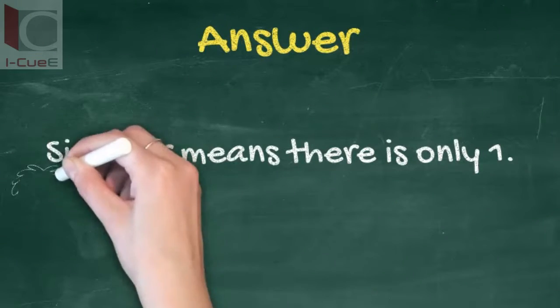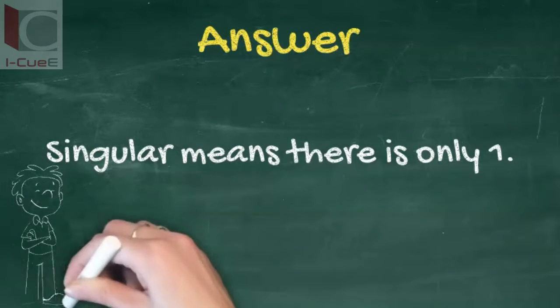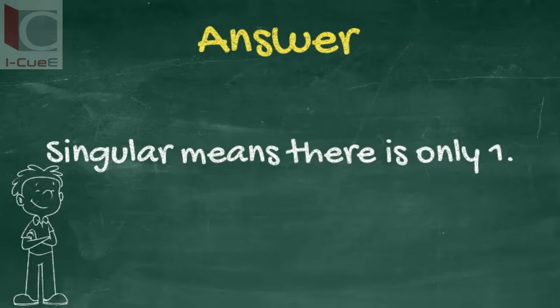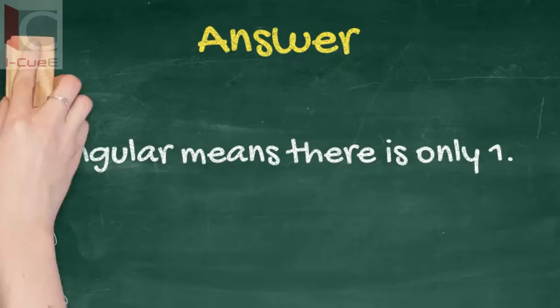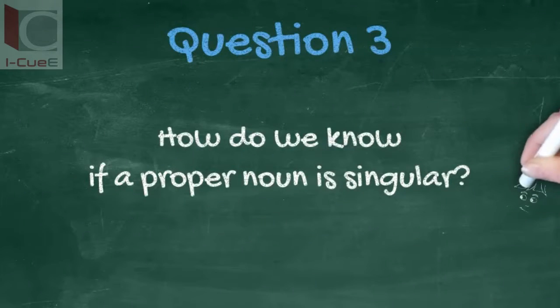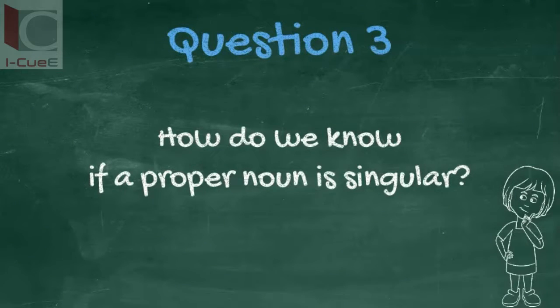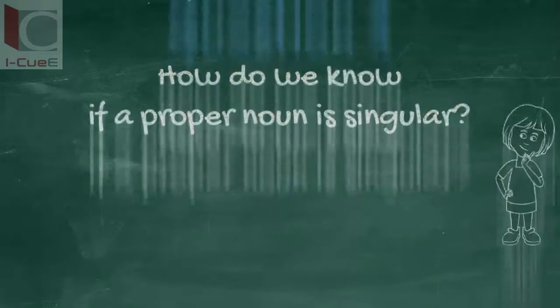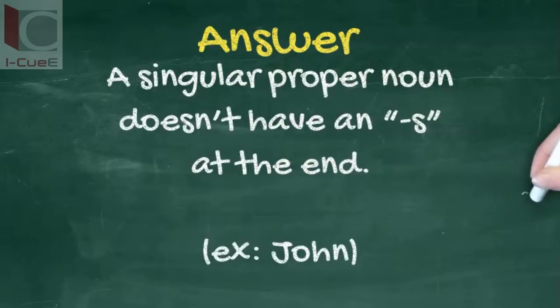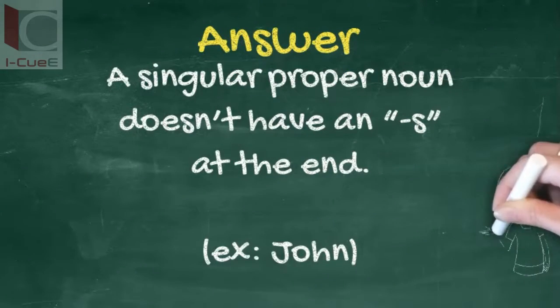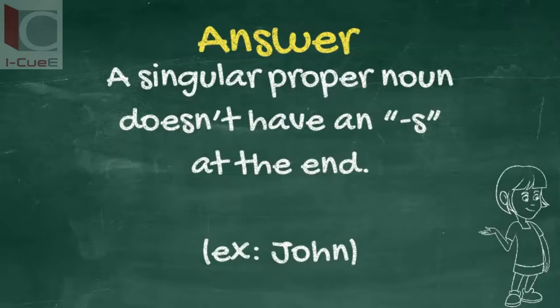Singular means there is only one. How do we know if a proper noun is singular? A singular proper noun doesn't have an S at the end. Example, John.